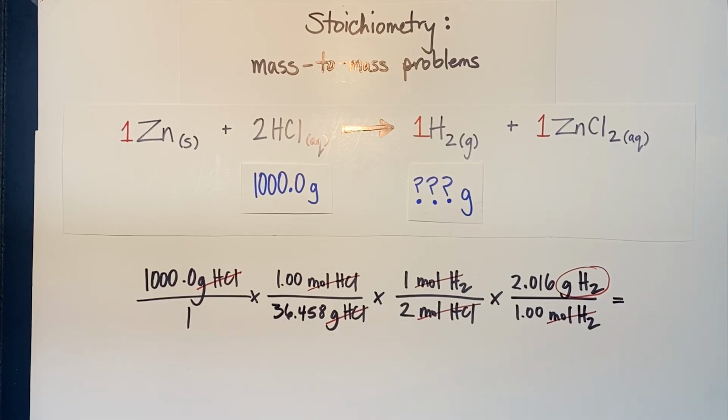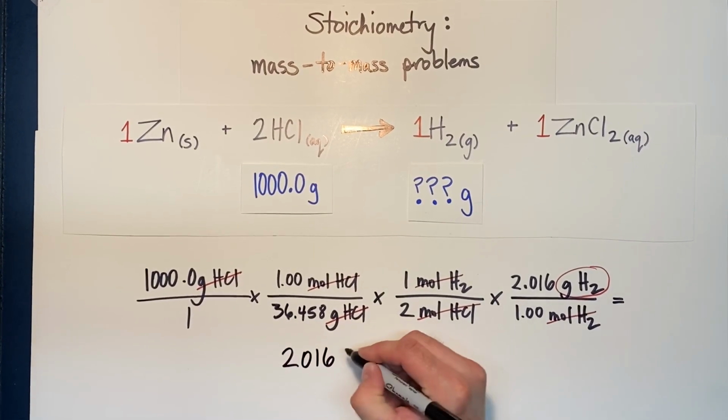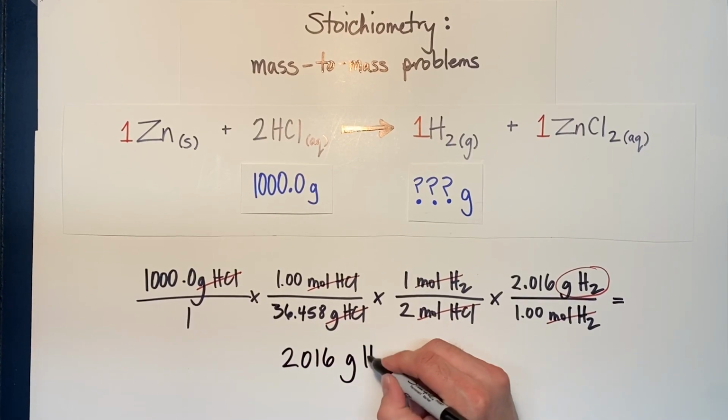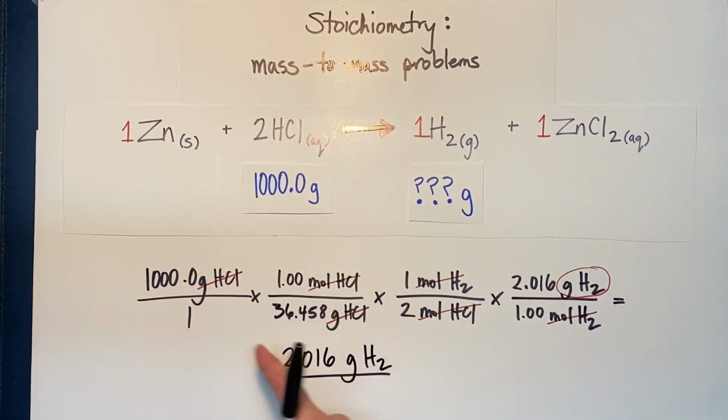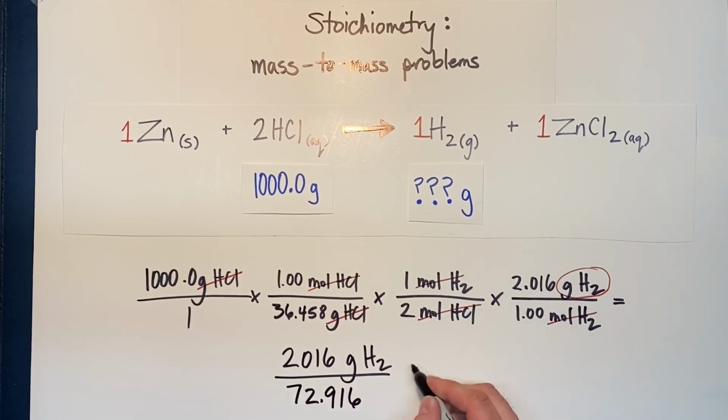So 1,000.0 times 1.00 times 1 times 2.016, and we get 2,016 grams of hydrogen. Now we multiply the bottom numbers together. 1 times 36.458 times 2 times 1.00, and we get 72.916.